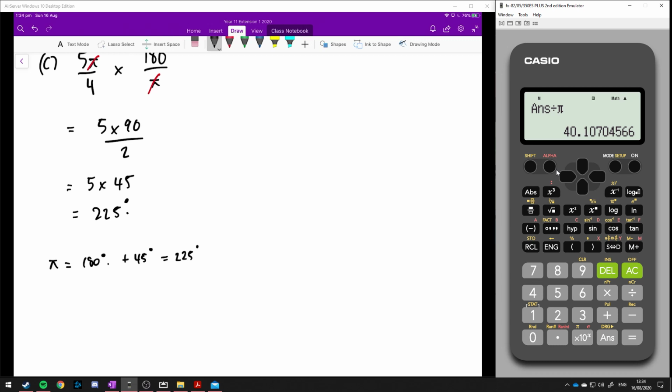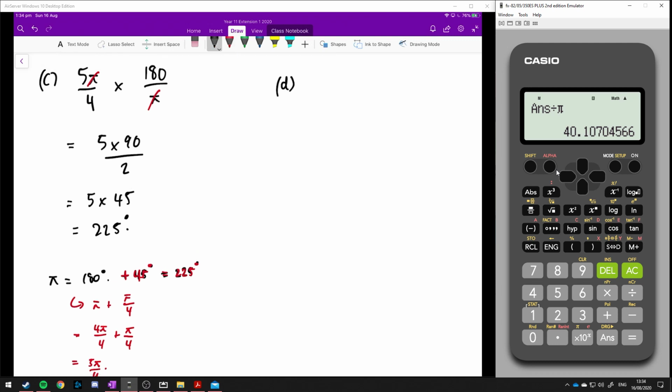So pi is equal to 180 degrees, so plus 45. If we add 45 degrees to it, we get 225 degrees, or we also get pi plus pi on 4, which is the same as 4 pi on 4 plus pi on 4, which is equal to 5 pi on 4, like that.